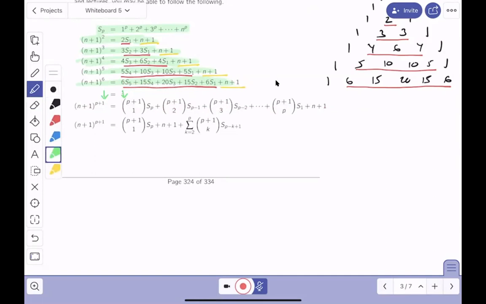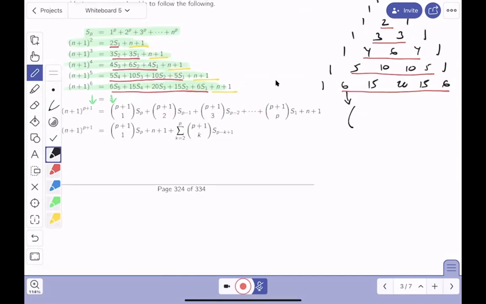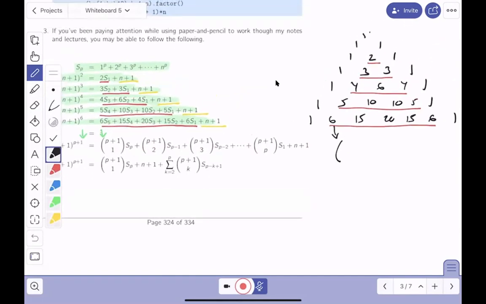So what I do notice is something about the coefficients here. And I want to point out what these coefficients are. For example, this one over here, maybe I should go through that with you. Degree 0, degree 1, degree 2, degree 3, degree 4, degree 5, degree 6. So this would be 6, 1.